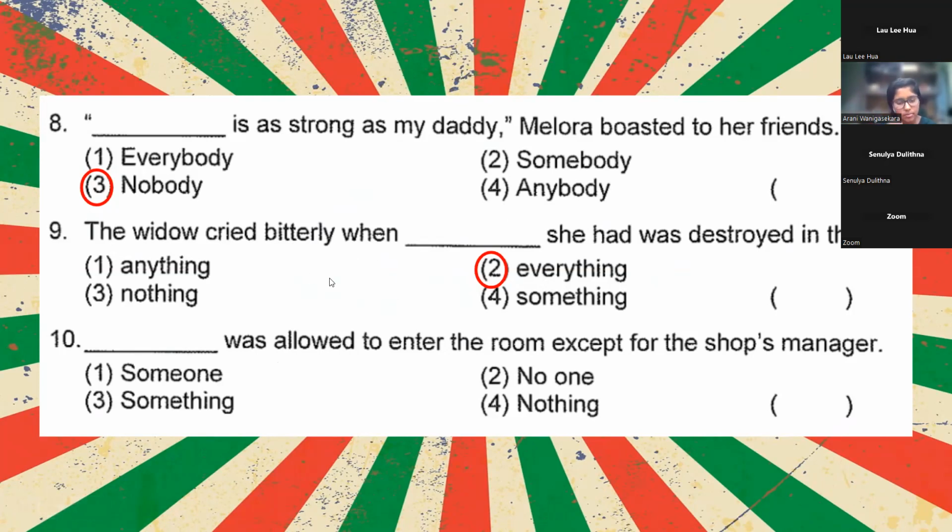What's the answer? No one. Okay, good. Any other answers? Okay, so the answer is no one. No one was allowed to enter the room except for the shop's manager. Why is it not someone?